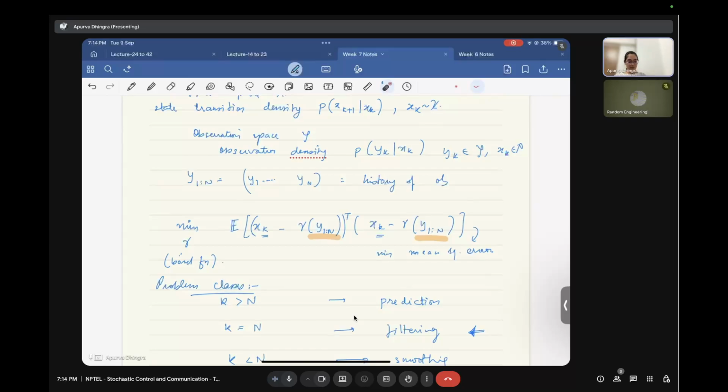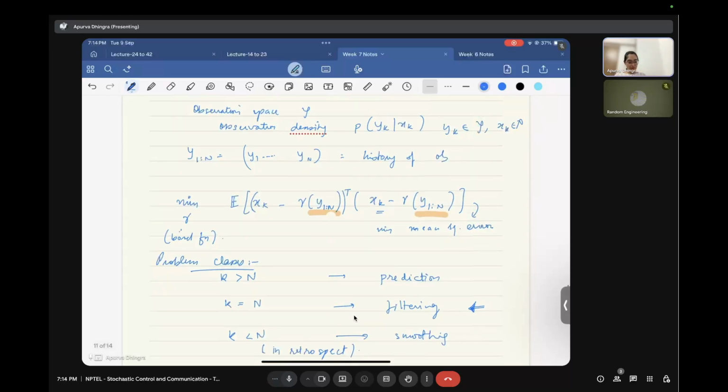I'll come to the different classes of problems in a moment. And if this optimization is done over the set of all the Borel functions, then this is a standard mean square error type problem. And the objective of the problem is to minimize the mean square error. So whatever this gamma function will get chosen, depending on what kind of dependence is there between k and n, we'd be just trying to match them, bring them as close to one another as possible.